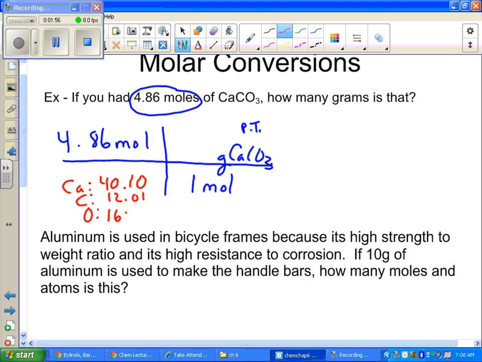But how many are in your formula? I see 3 of them, so that equals 48. Then you need to add these up. So 48 plus 12.01 plus 40.10 equals 100.11. And that value is placed up here.